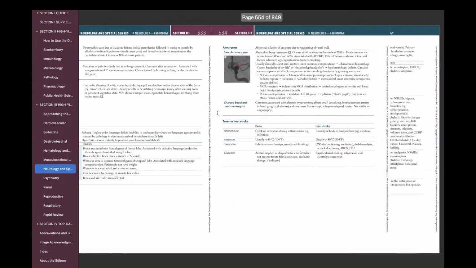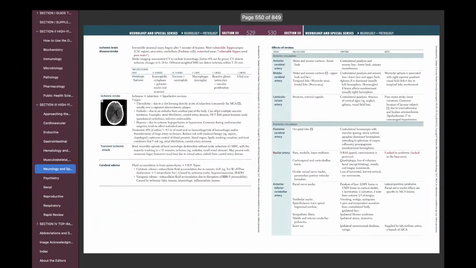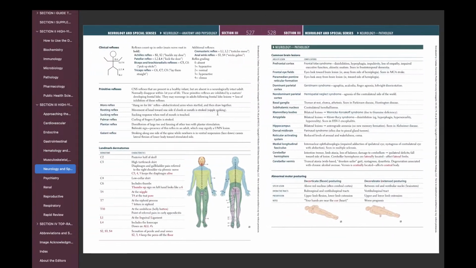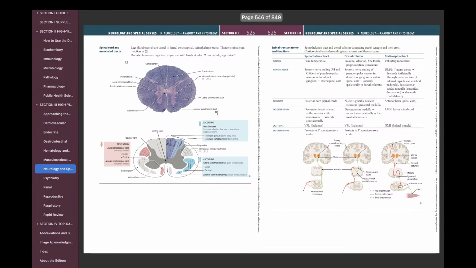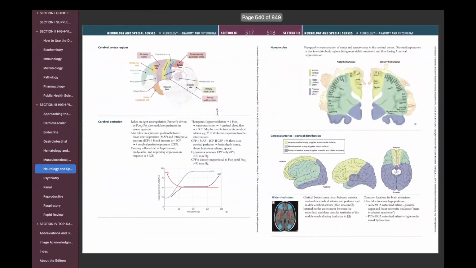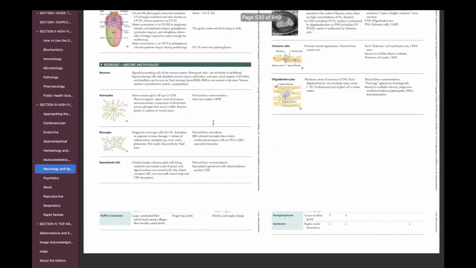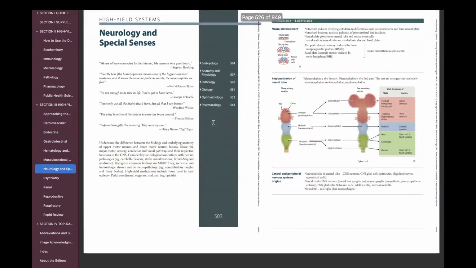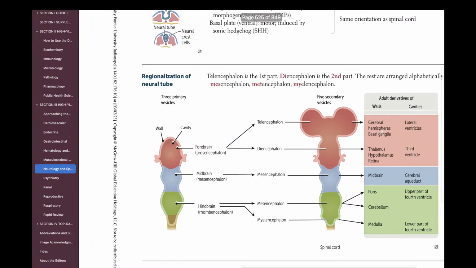First I want to see the tracts actually, and then we're going to hopefully do a bunch of questions. So this is neurology and special senses.